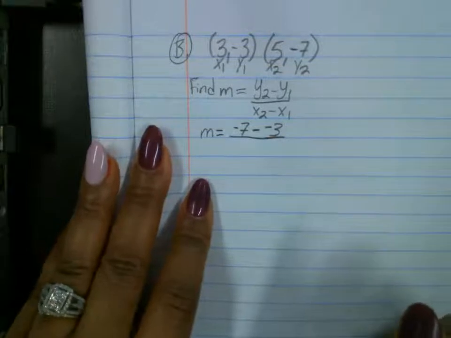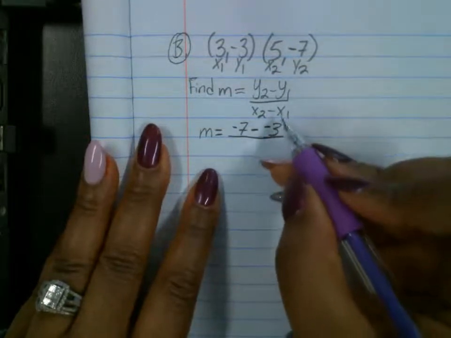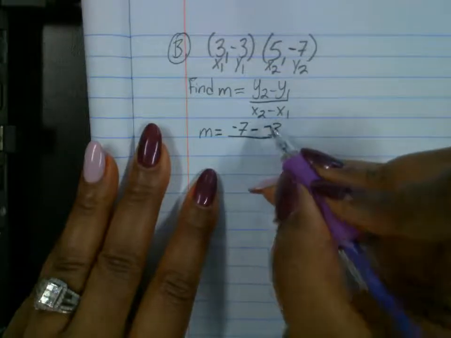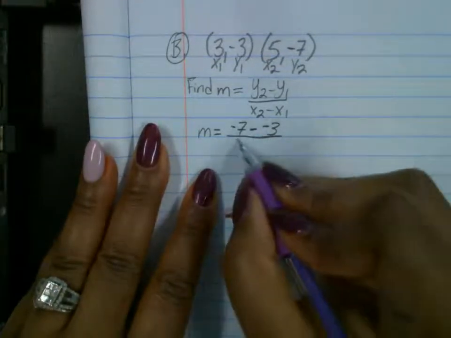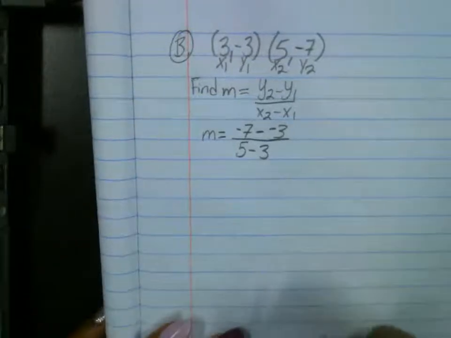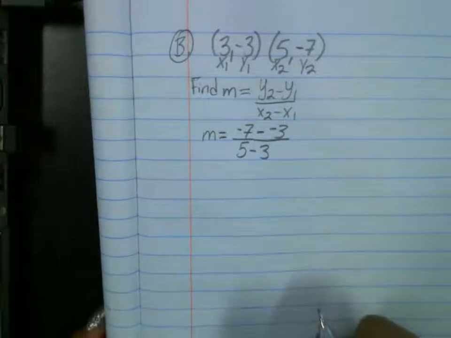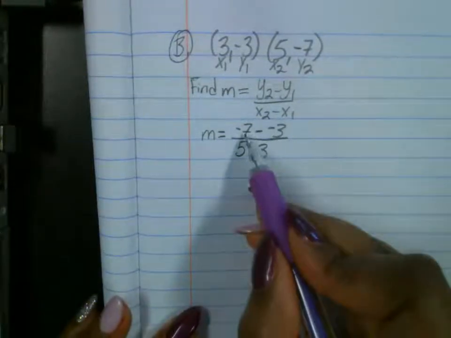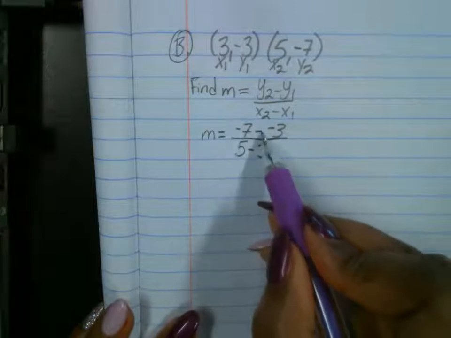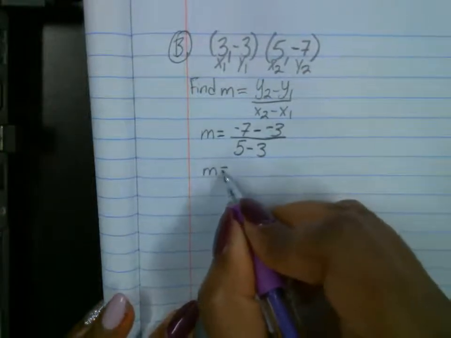What do we put on the bottom? 5 minus 3. Good job. You have your calculator. If you've forgotten what your integers are, we do need to practice adding and subtracting integers. Negative 7 minus a negative 3 gives you negative 4.